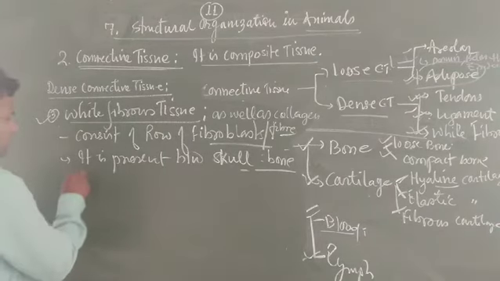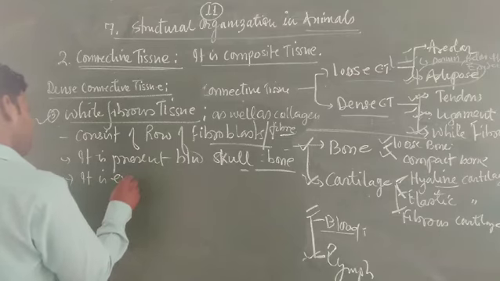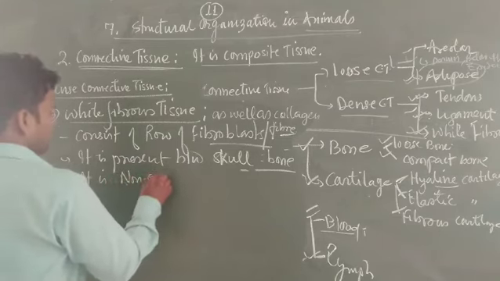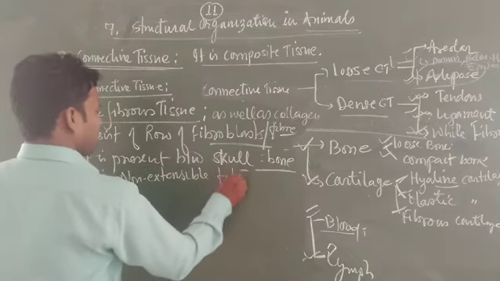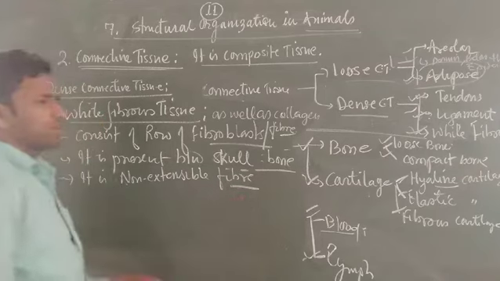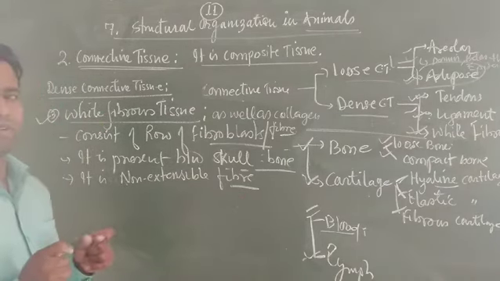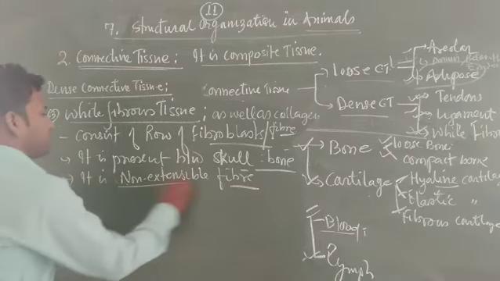It is a non-extensible fiber. It means if the bones are fixed, they are not movable and it is not possible to separate them easily. It is a fixed non-extensible type.